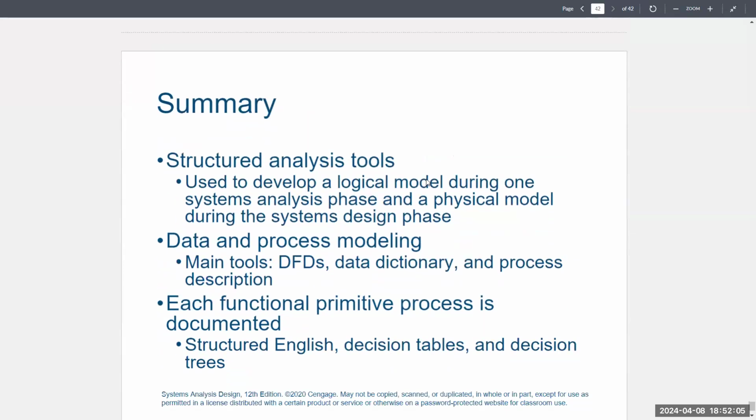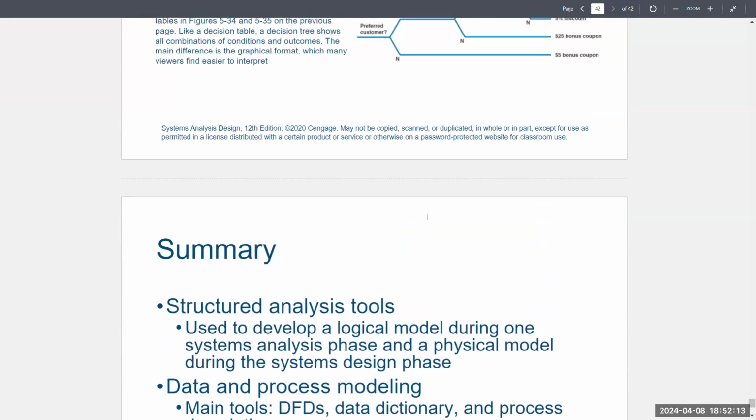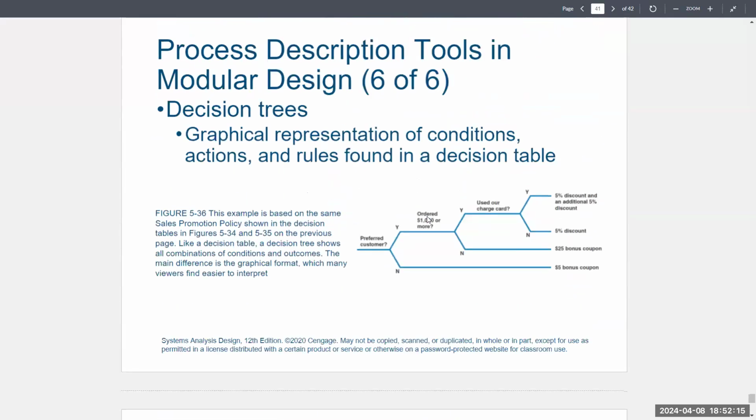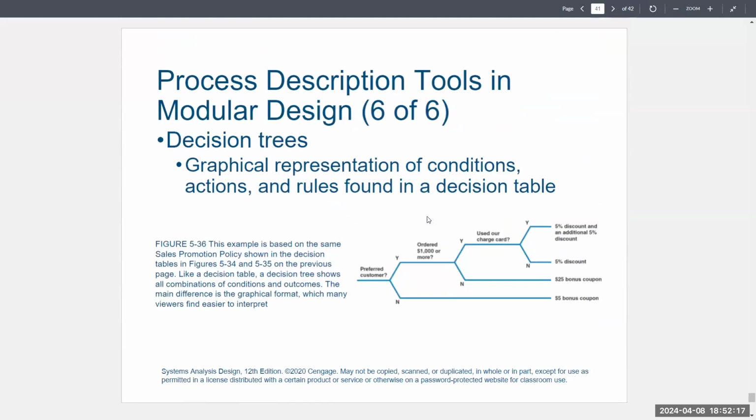So we're almost at the end of the chapter. This is a short slide deck, but again, a lot of powerful information. What I'm going to do is, once we come back from our break, pick a couple of case in point examples from this chapter and talk about them.